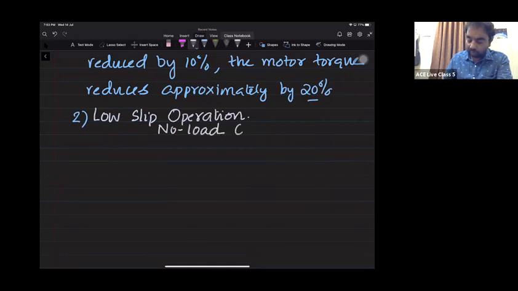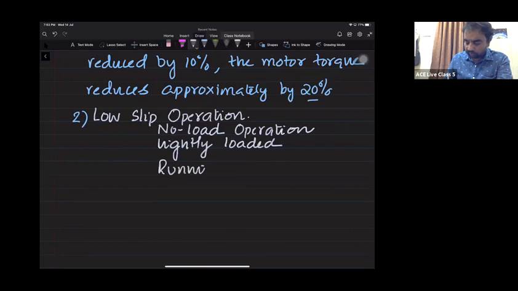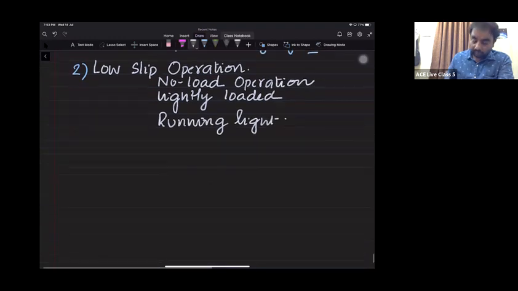No load operations, lightly loaded conditions, or running light conditions. In all these cases, the rotor speed will be closer to synchronous speed. Then slip will be approximately equal to 0.